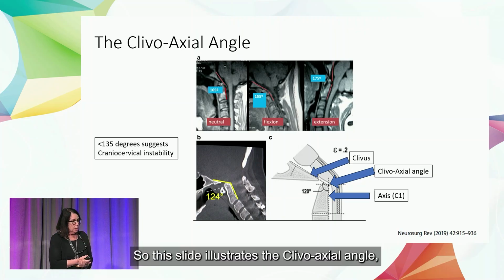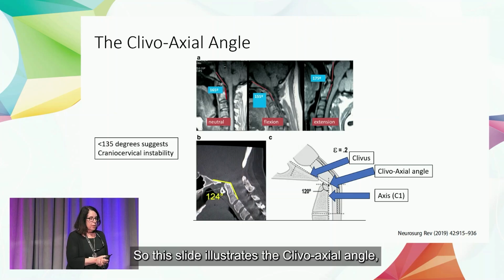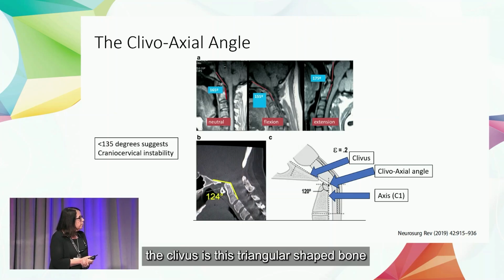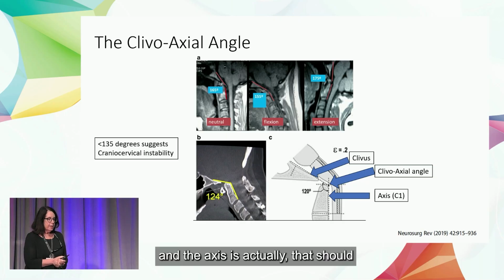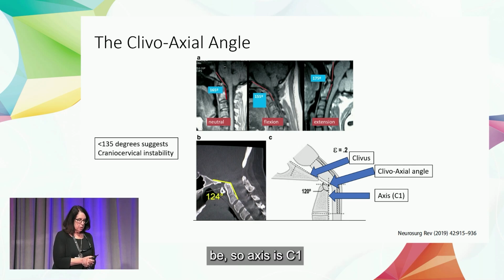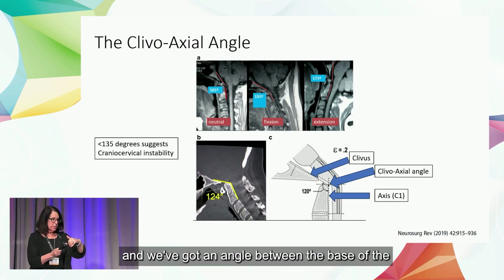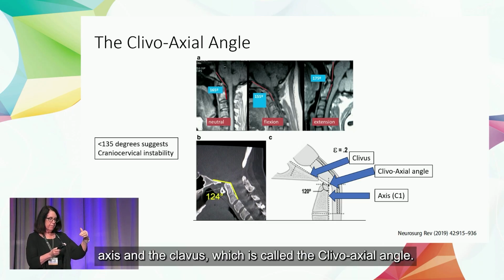So this slide illustrates the clivo-axial angle. The clivus is this triangular shaped bone at the base of the skull, and the axis is, so axis is C2, and we've got an angle between the base of the axis and the clivus, which is called the clivo-axial angle.